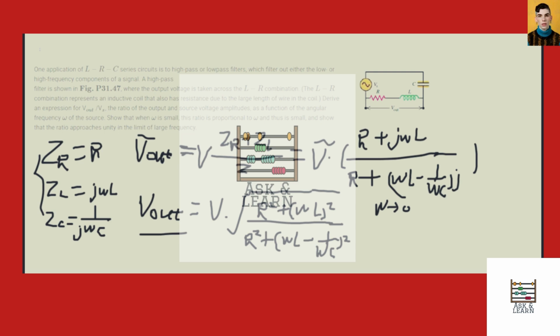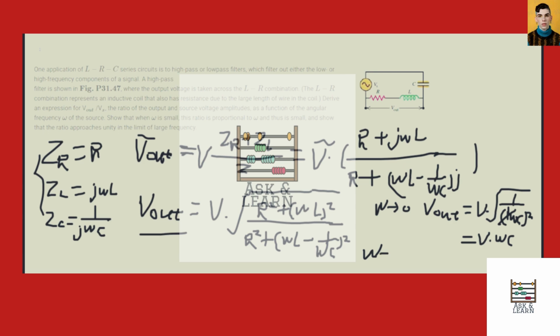In that case, V out is close to V times the square root of 1 over (1 over omega C) squared. Simplifying, it is V times omega C, which is linearly proportional to omega.